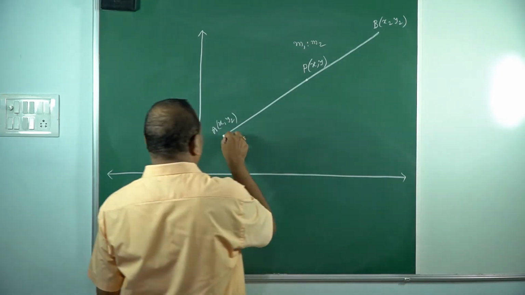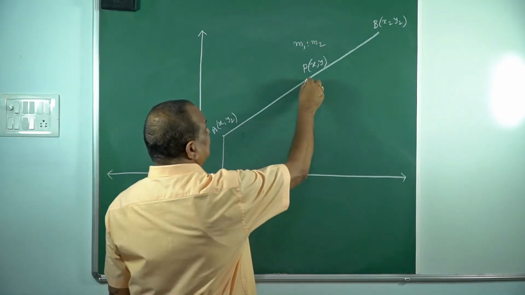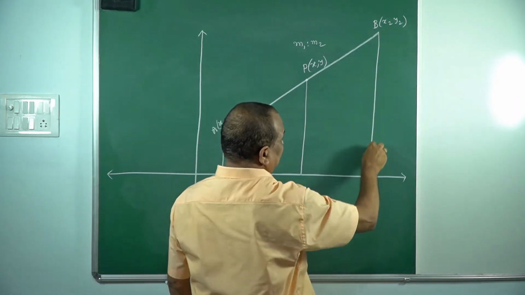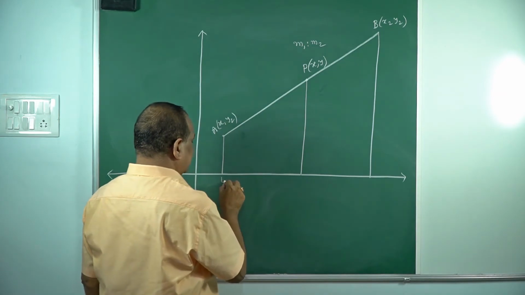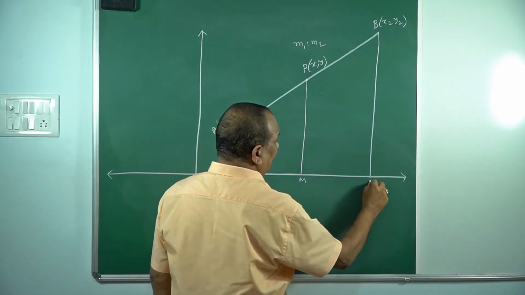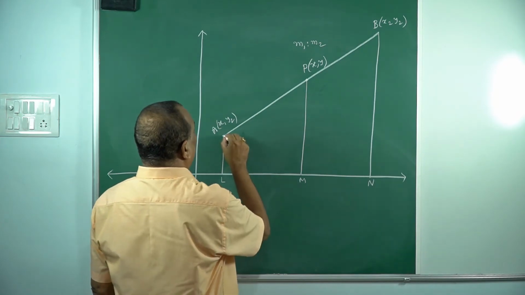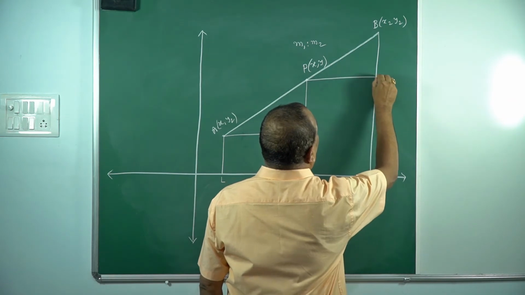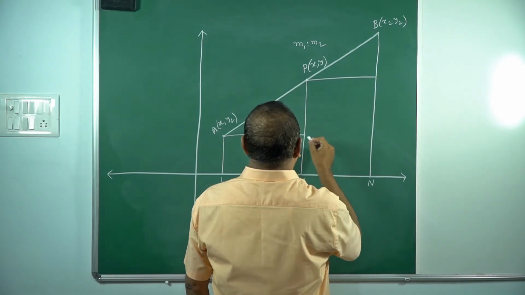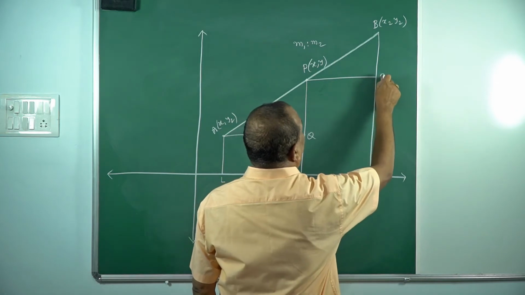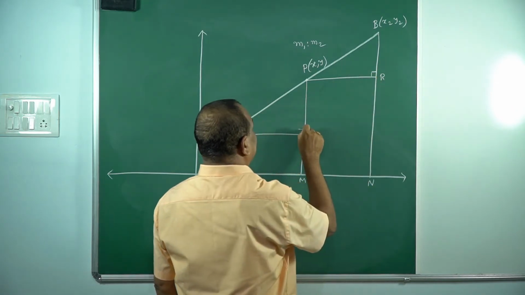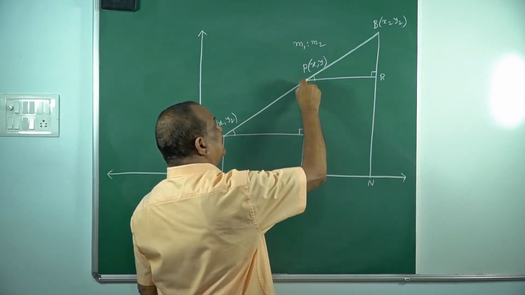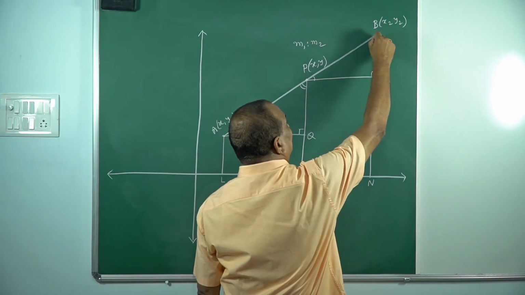What did we do actually? We drew the perpendiculars. We marked the perpendiculars as L, M and N. We drew two more perpendiculars here and here as well. And here we took Q and here we took R. These two are right angle triangles. Same angle you have here and here. And similarly, interior alternate angles, these two are also same.